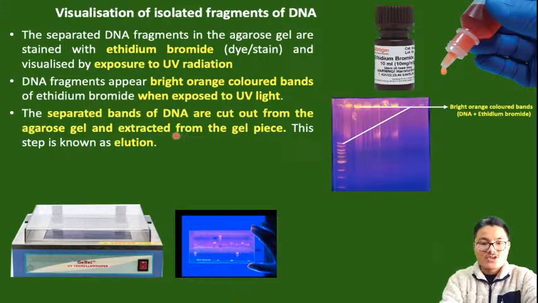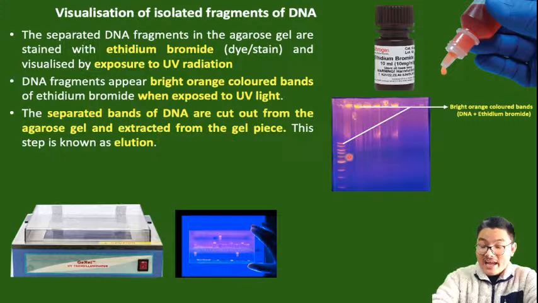So cutting off the gel part in which our gene of interest is present is called elution. Kindly remember the term elution. You can even say that elution is a process wherein we are cutting out the gel which is having the gene of interest or our desired DNA.